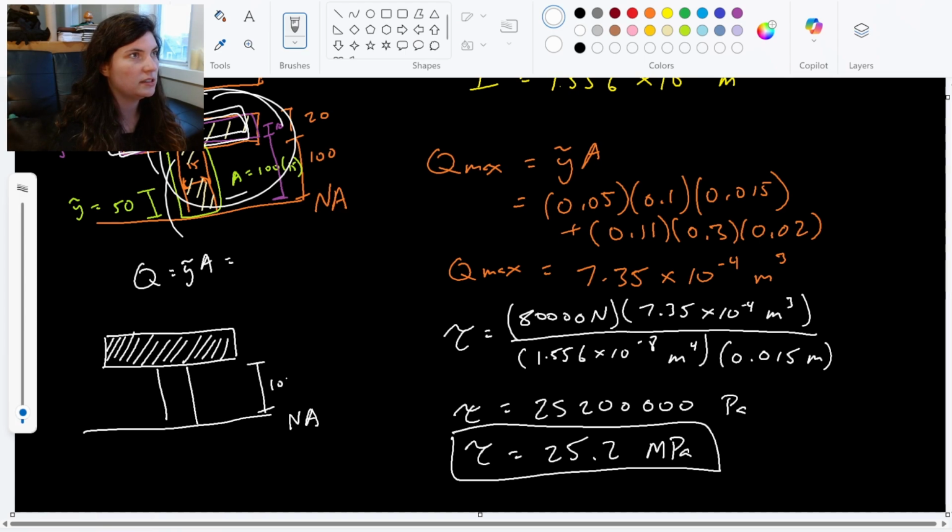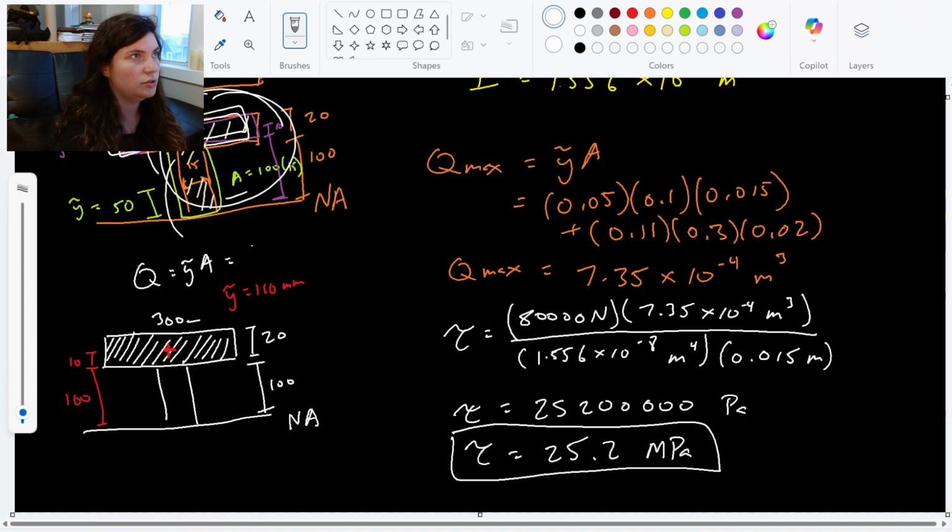We said this distance was 100, this one is 20. So the centroid of this shape is going to happen halfway through the rectangle, 10 millimeters, and then we add the 100 to that. So y tilde is 110 millimeters. And then the area is just that 300. This length is 300 times 20.